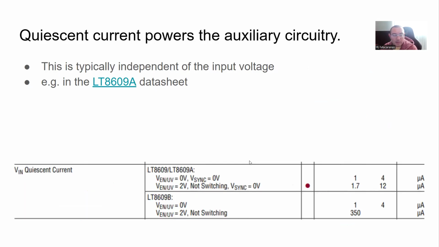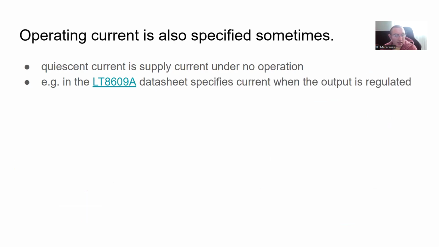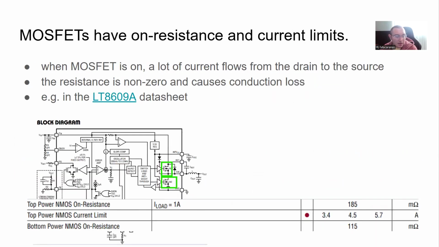And so we talked about the quiescent current. This is what's actually powering the auxiliary circuitry. I think I have a screenshot here later. So, right, there's a bunch of different circuitry within the switching regulator IC. It's not just black box magic, right? It needs some kind of power source.